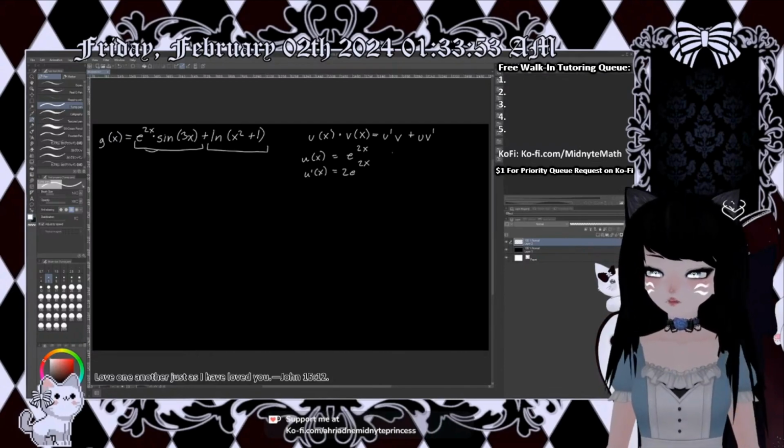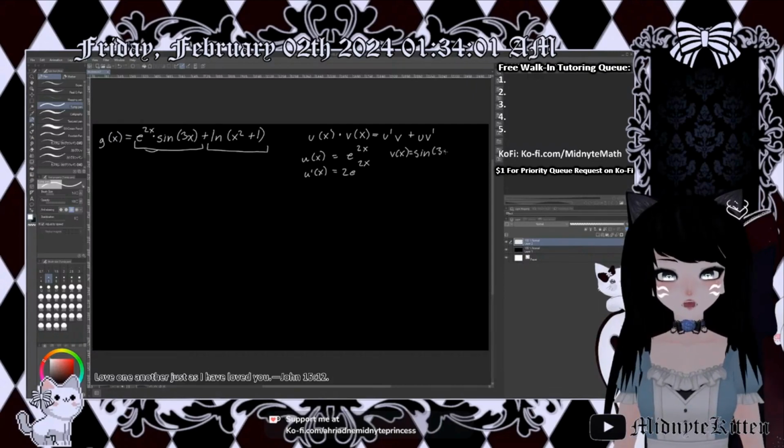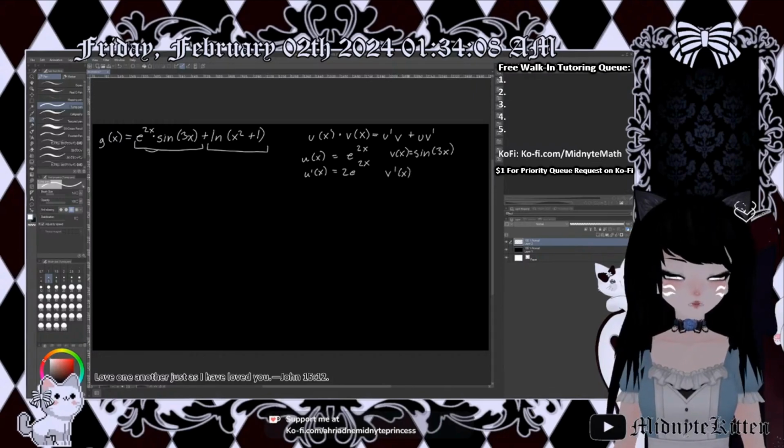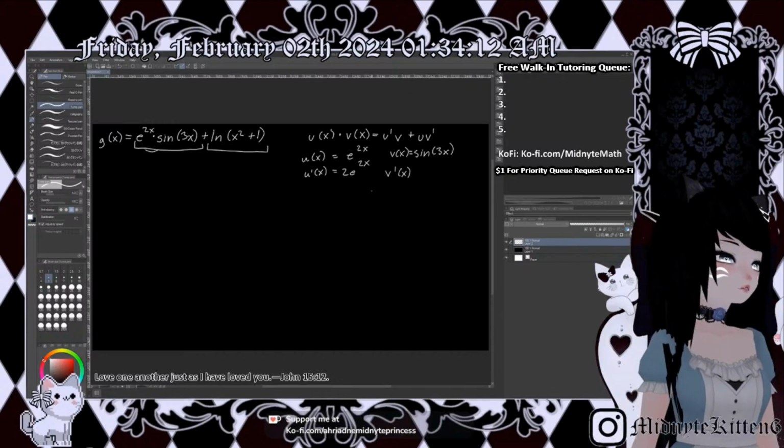And then for v, our function is sine 3x. Then the derivative of sine is cosine. Let me double check this.